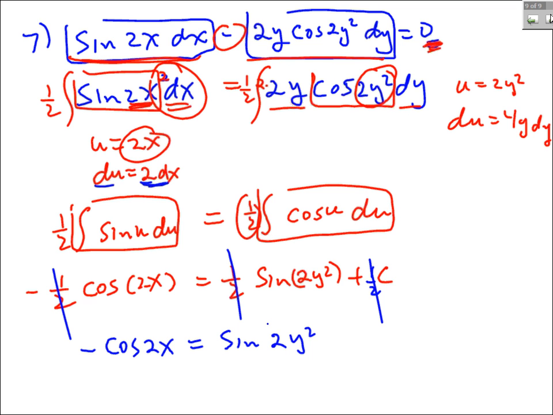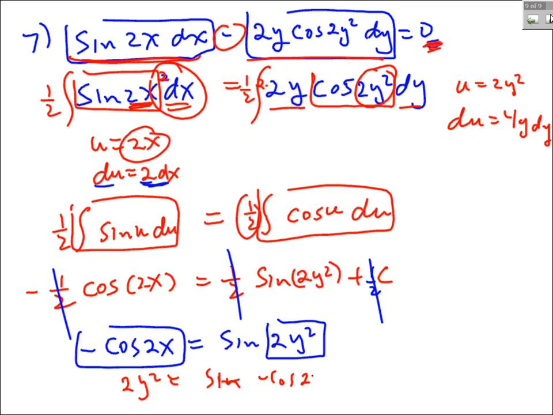Now, you could interchange the angle and the other side. You can interchange them. You can say 2y squared is equal to the sine of negative cosine of 2x. But you have to put an inverse there. If I divide both sides by 2, I'll get y squared is equal to the sine inverse of, I'm not going to have room, am I? You divide, let's try it again.